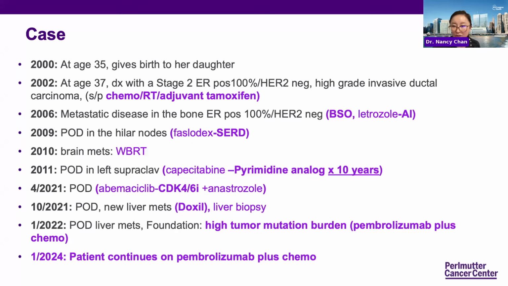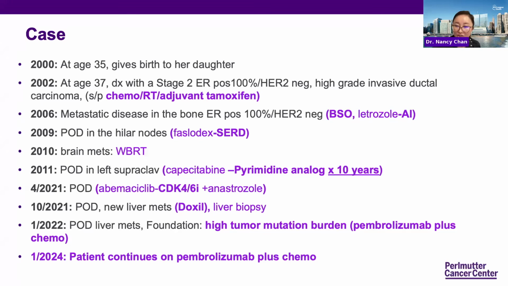She developed bone disease that was biopsy confirmed. So she was placed on, over the next almost 20 years, about 7 lines of different types of therapies. What she's on currently, if you fast forward, is pembrolizumab plus chemotherapy. And so each line of therapy that extended her survival enabled her to work full time and also see her daughter grow up.